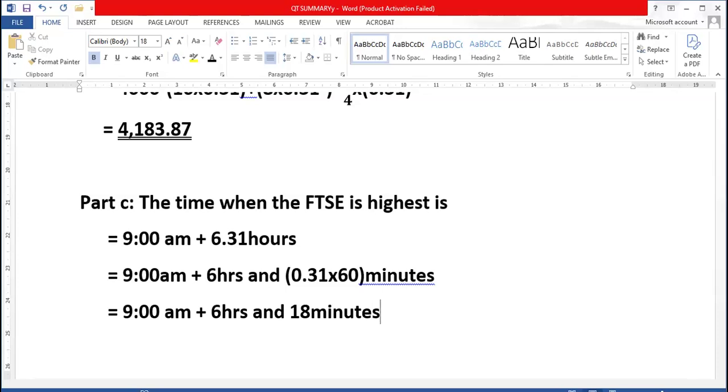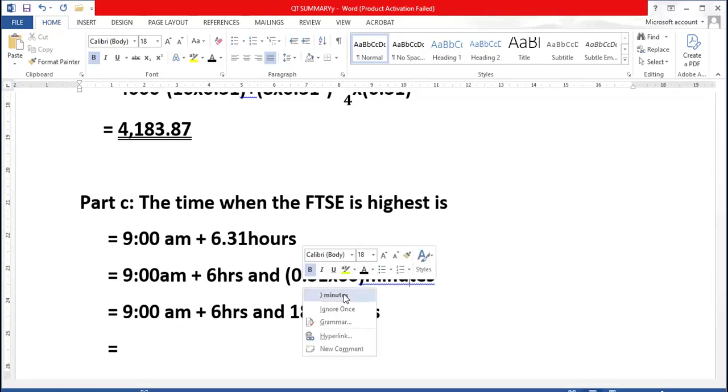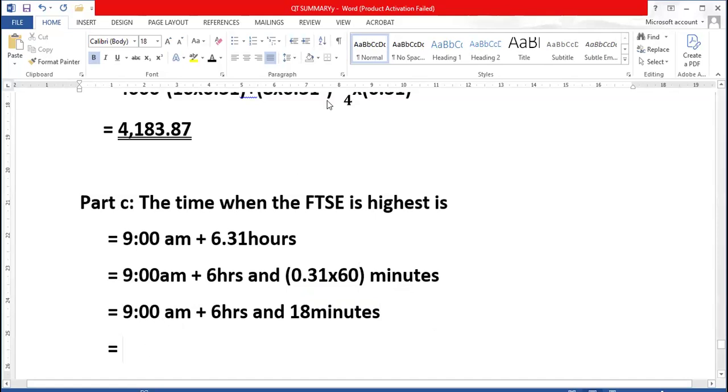So guys, tell me the exact time. If right now is 9 a.m. and we add 6 hours, what will be that time? Use your fingers, please. Don't count 9 a.m. Start from 10 a.m. That is 1 hour. 11 a.m., 2 hours.